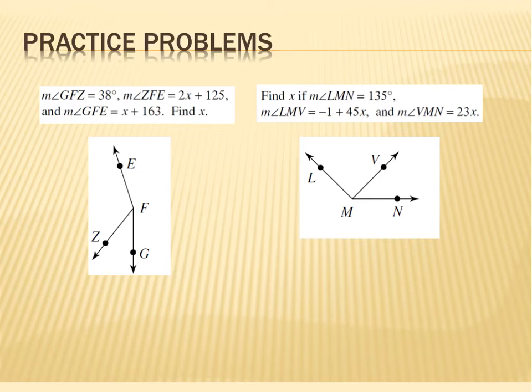So in this one, GFZ right here, 38 degrees, ZFE, 2x plus 125, and then GFE, so the big one, is x plus 163. Now that I've labeled it, I can go ahead and put them together and equal it to the whole.